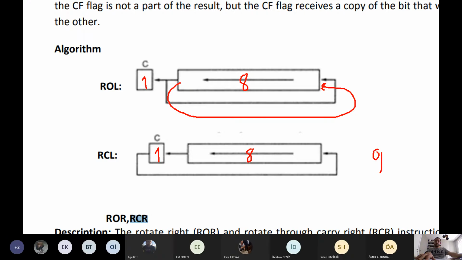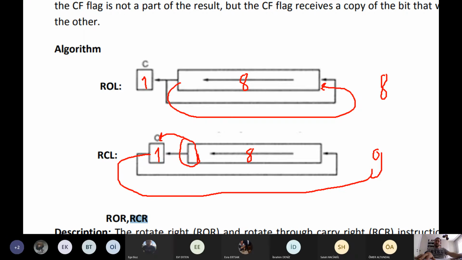So this is rotating 9-bit, this is rotating 8-bit. The most important difference is this. The most significant bit is copied into carry. The carry bit will be copied into the least significant bit. But here, the most significant bit is copied into carry and least significant bit.